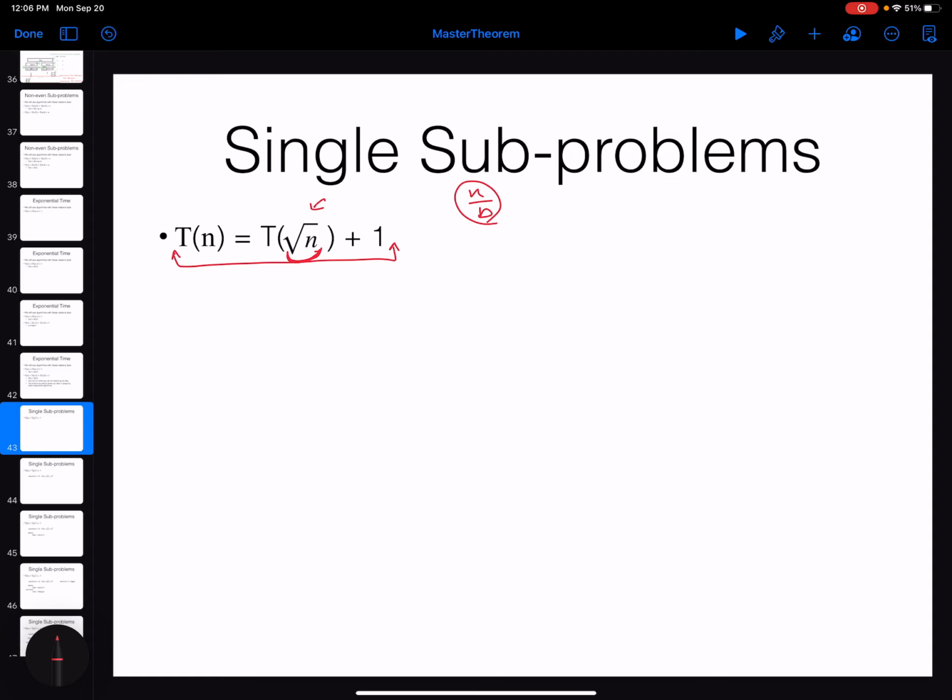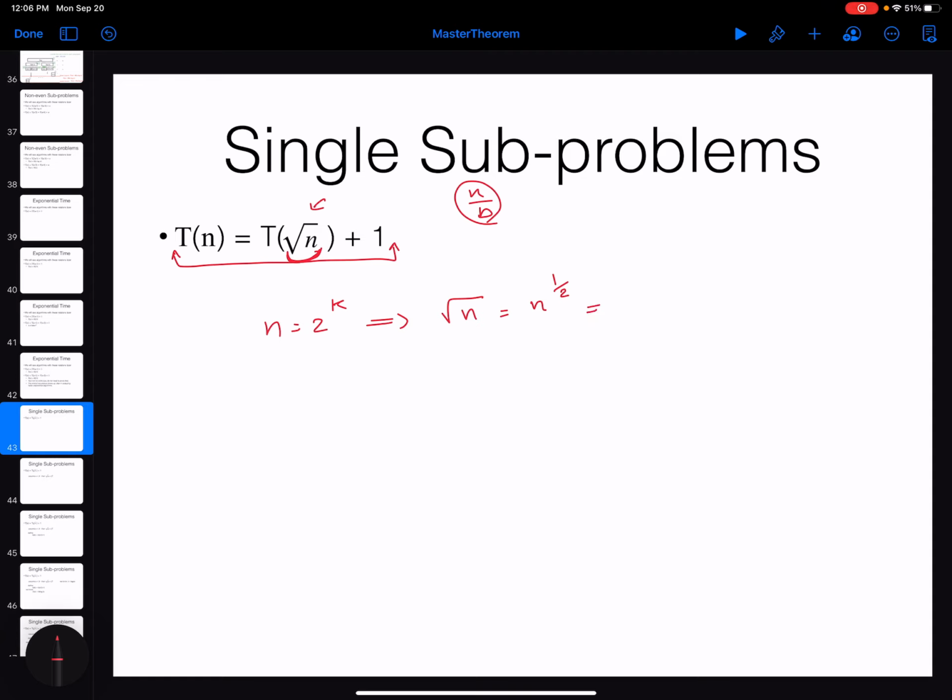So what I can do here is simplify the form of the size of the problem and rewrite it as another function. The first thing that I am going to do is to assume that n is equal to 2 to the power of k. So if I rewrite n in the form of k, I can also say that square root of n is going to be n to the power of 1 over 2, right?